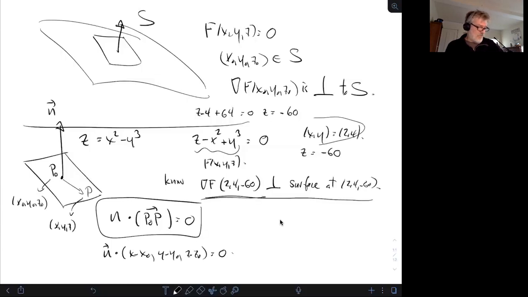I was given the point x, y equals 2, 4 in my question, and the surface is z minus x squared plus y cubed equals 0. So I substituted the x and y they gave me. I may have made a mistake. 4 cubed is 64. All right, good. You found it. Excellent.